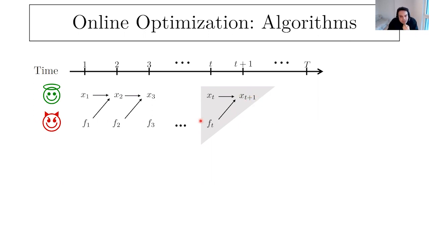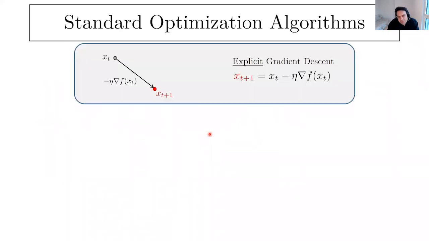Before I tell you how this works, let me go back to some very basic optimization algorithms that we know probably since undergrad. The first algorithm that I want to touch on is the classical gradient descent. And I call it explicit gradient descent for a reason that is going to hopefully be clear in a minute. What is gradient descent?